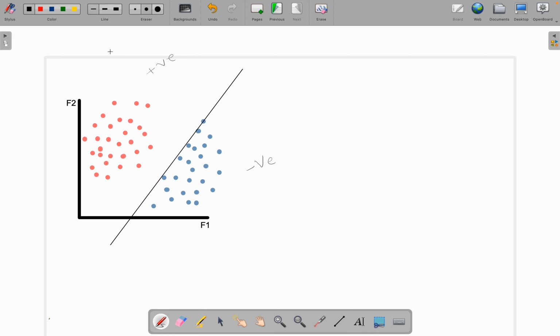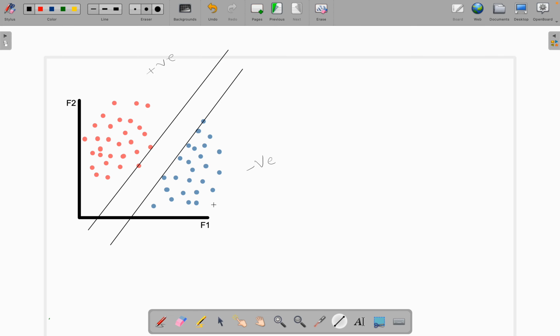So I'll draw the first line, which is passing through the first negative point of this data. And now I will draw a second line which is parallel to this line and passes through the first positive point. So these two lines are parallel.